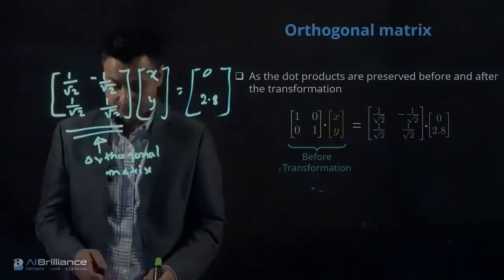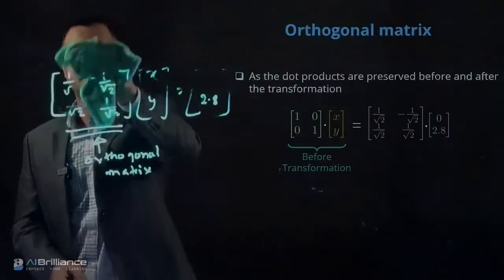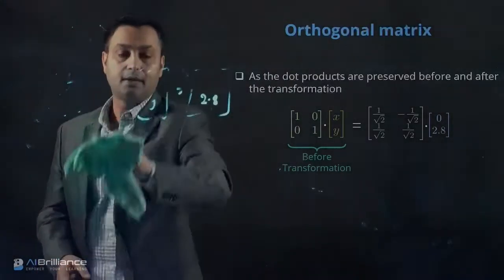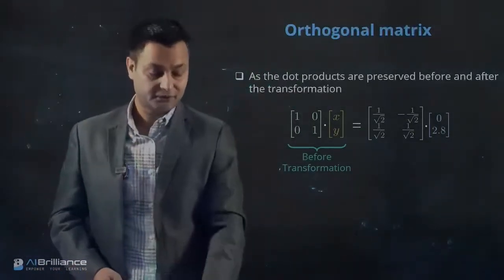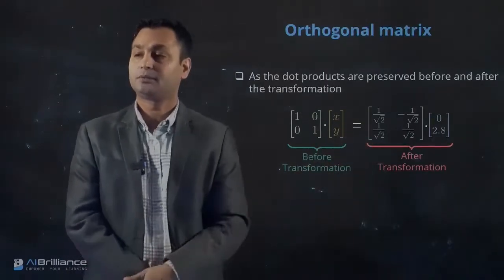So let's see how this can be simplified, using this special case to quickly solve this set of linear equations. This satisfies this property here, so before and after transformation we know this.